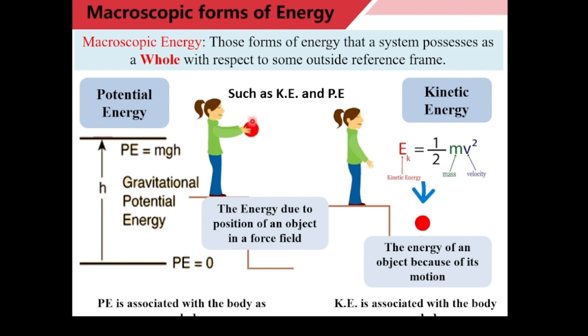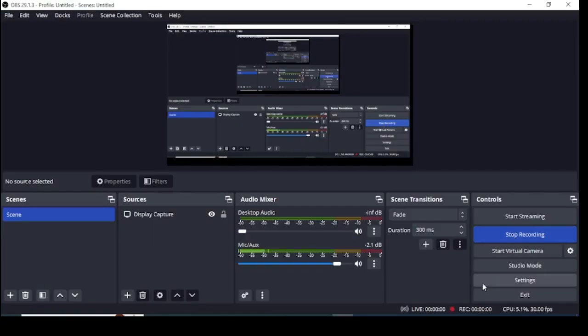They are also measured with respect to some reference frame; if you are on earth, we will measure with respect to the earth frame of reference. I think you have already studied all this in matric and high school classes. So these are called the macroscopic forms of energy.